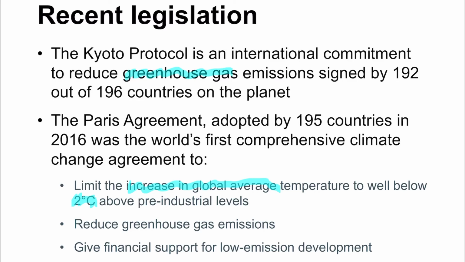Reduce greenhouse gas emissions, and then give financial support to low emissions development. So this is where we're now starting to see no new diesel and petrol-based cars being produced from the year 2040 in the UK, and an increase in hybrids and electric vehicles because they're trying to reduce this right down.